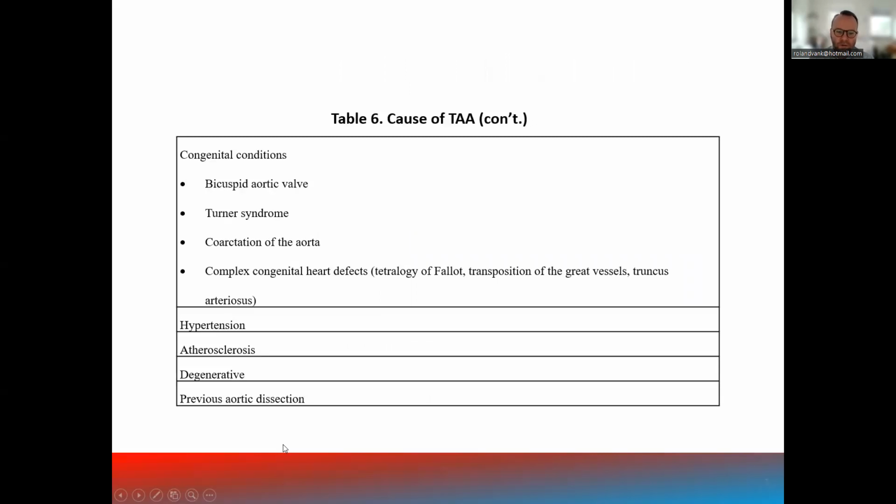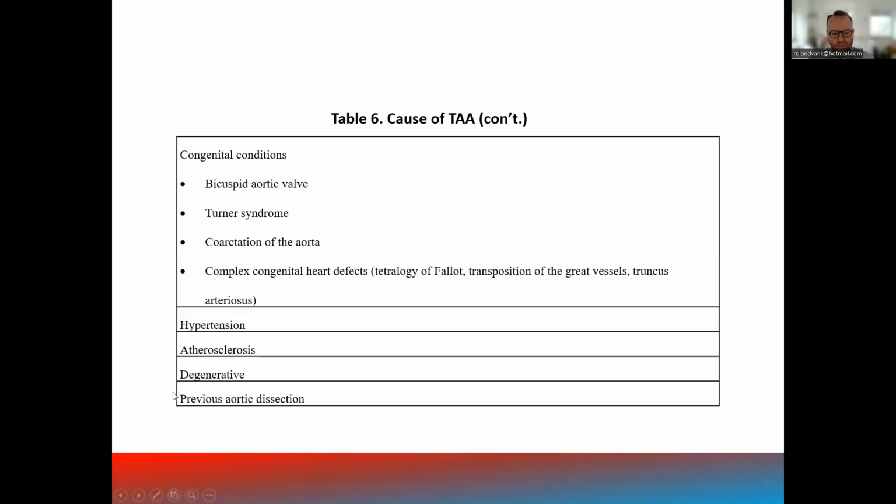Furthermore, congenital conditions may result in thoracic aortic aneurysms, and we already discussed the bicuspid aortic valve, but also Turner syndrome or complex congenital heart defects, which are mostly the conotruncal defects, as for instance tetralogy of Fallot, may result in an aneurysm of the thoracic aorta. However, this does not always result in an increased prevalence of acute aortic syndromes, since we know that aortic dissection in tetralogy of Fallot is actually less prevalent than in the rest of the population.